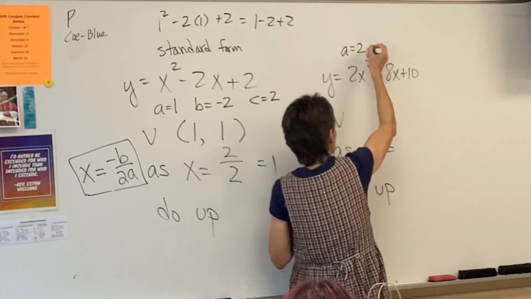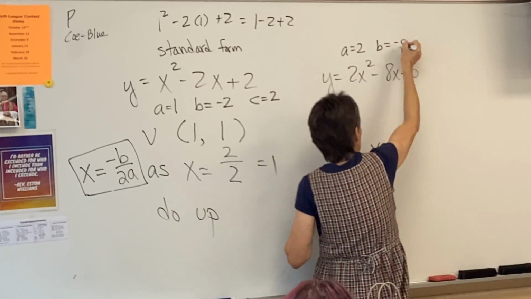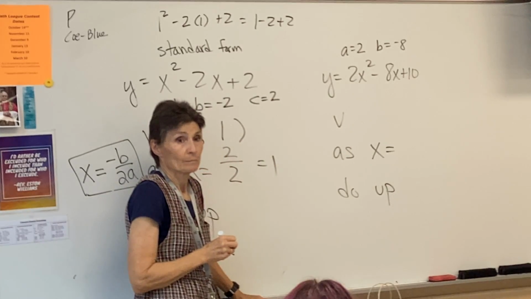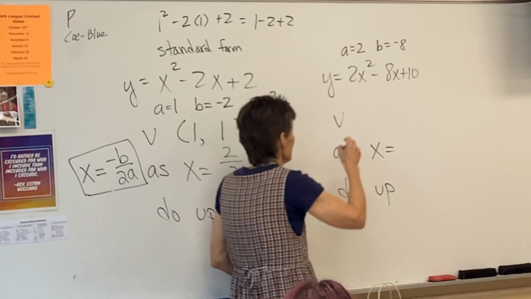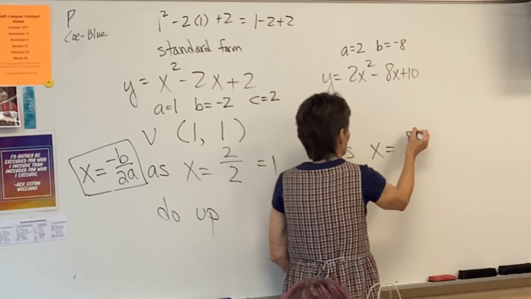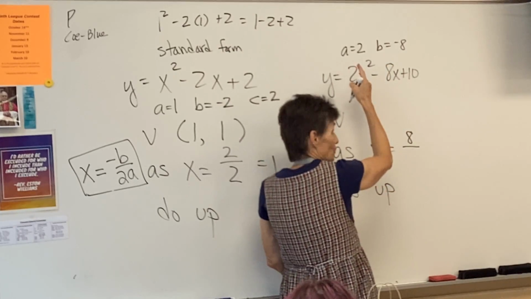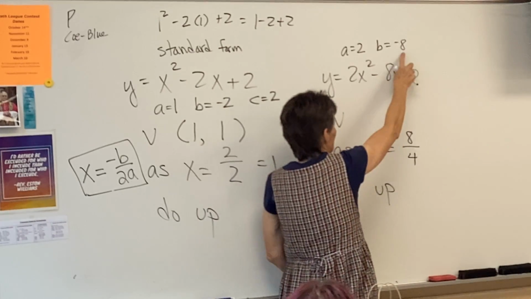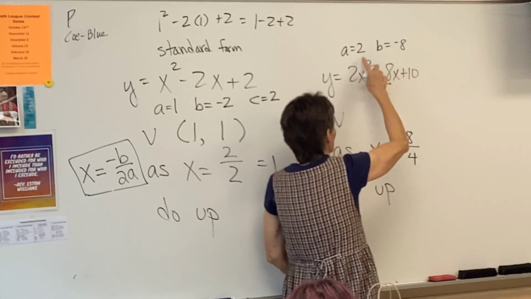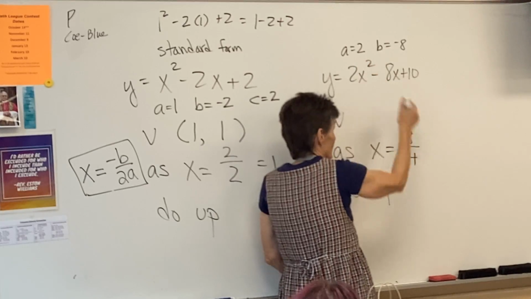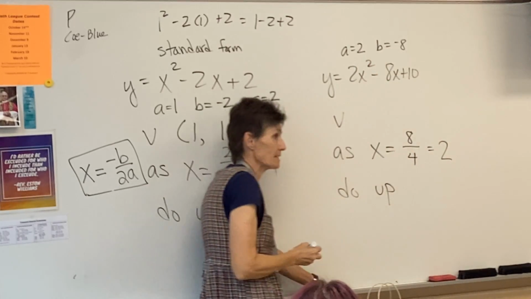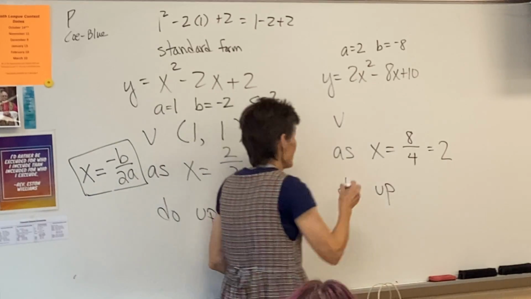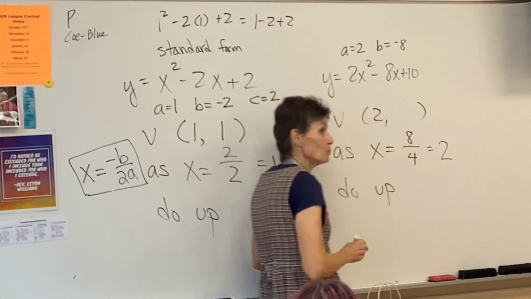A is 2, and B is negative 8. So, negative B over 2A, negative B, that would be positive 8, over 2 times 2. So my axis of symmetry is x equals 2, which means my vertex is 2 comma.